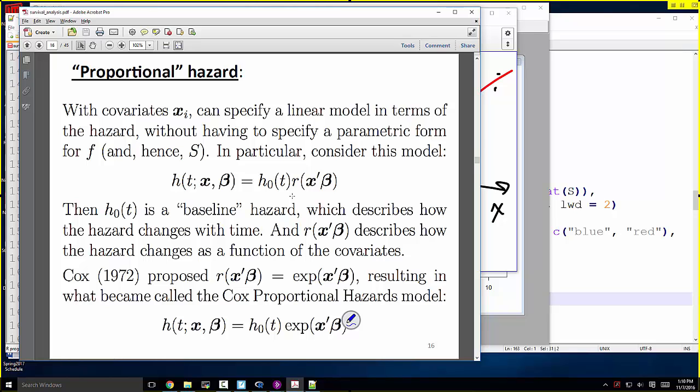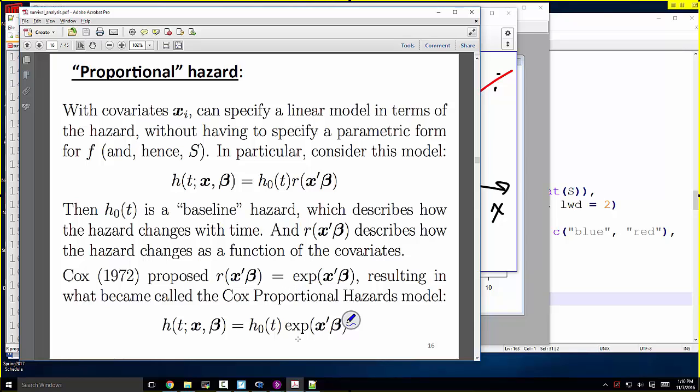This is like x beta for one individual. We're saying the hazard for an individual with a certain collection of covariates is equal to a baseline hazard that does not care about covariates, that applies to everybody equally, and the only change to that baseline hazard is that we multiply it by some function of the covariates. The specific choice of this function r that's most widely used is the exponential function.